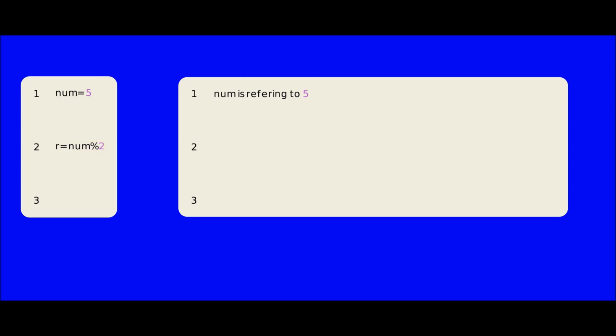So again in this case R will refer to the remainder when 2 divides num, and the value of num is 5, and if R is printed, the value of R would be 1.